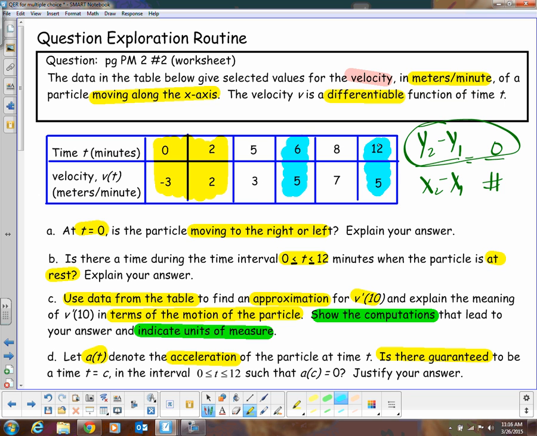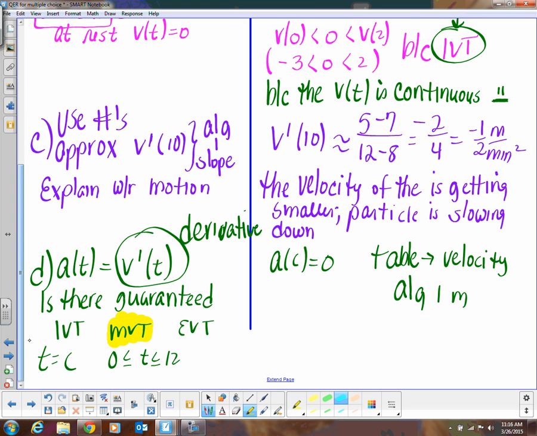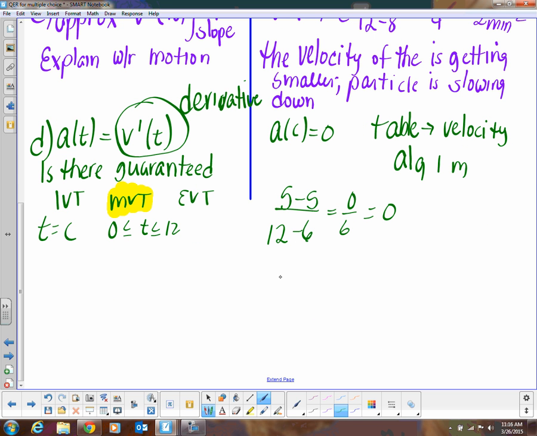That velocity is 5. So the question was, how do we finish this? The question asked, is there guaranteed to be a time c? Is there? First of all, show them that 5 subtract 5 over 12 subtract 6 is equal to 0 over 6, which is equal to 0. So what does this mean?